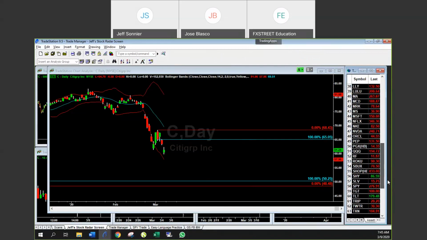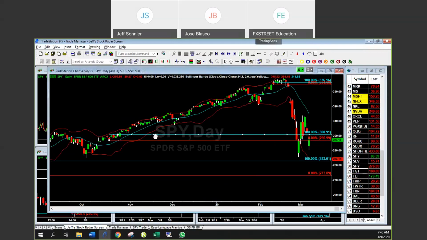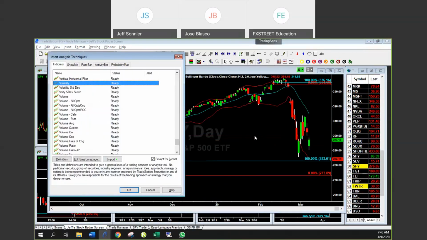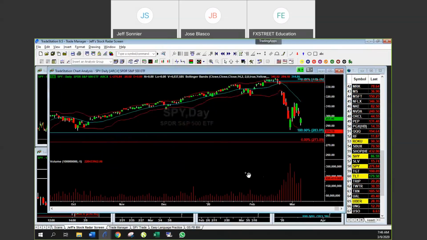If I look at the SPY, this is the S&P 500 ETF, we can see from the volume on this that SPY is very liquid. And to prove that, I can go ahead and insert this indicator that will show how liquid this asset is.